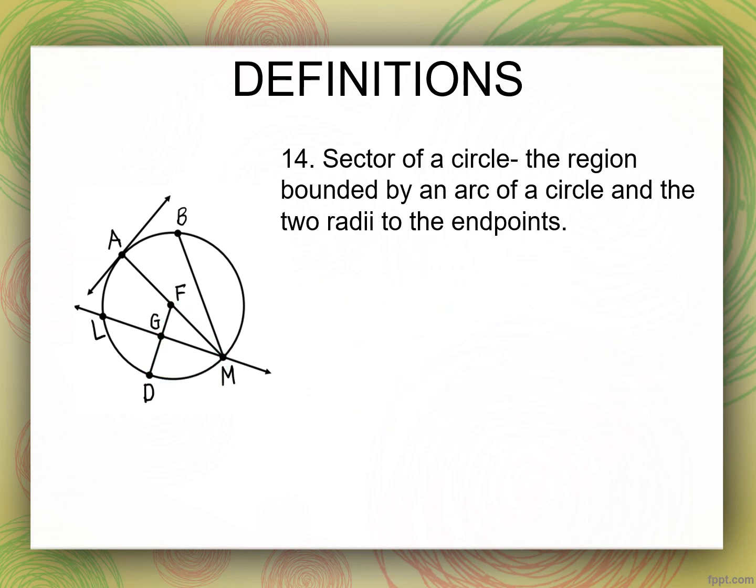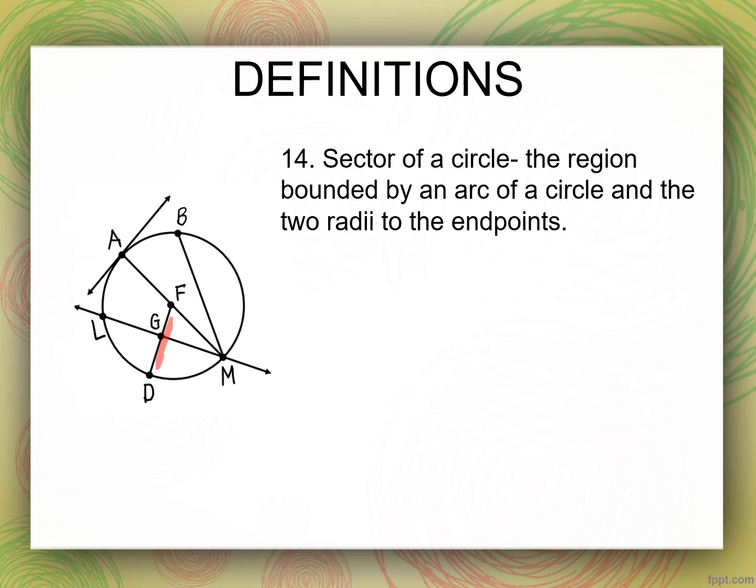Okay, let's have the last one. Sector of a circle. So the region bounded by an arc of a circle and the two radii to the endpoints. So as you see, this is similar when you have like a pizza, right? So when you get one slice from that pizza, that slice is a sector. So here from our figure here, okay? So we can have this part here.